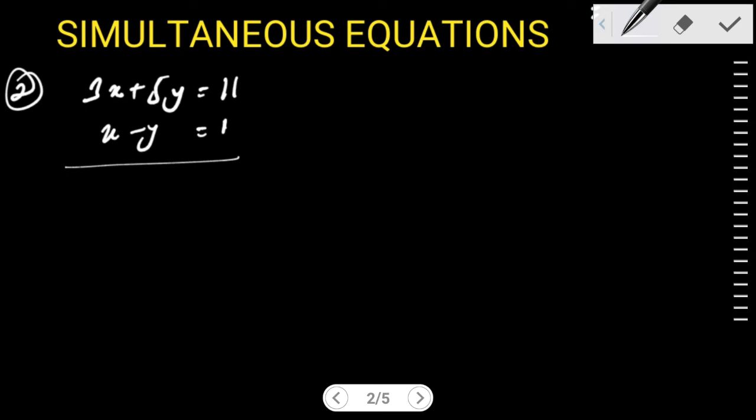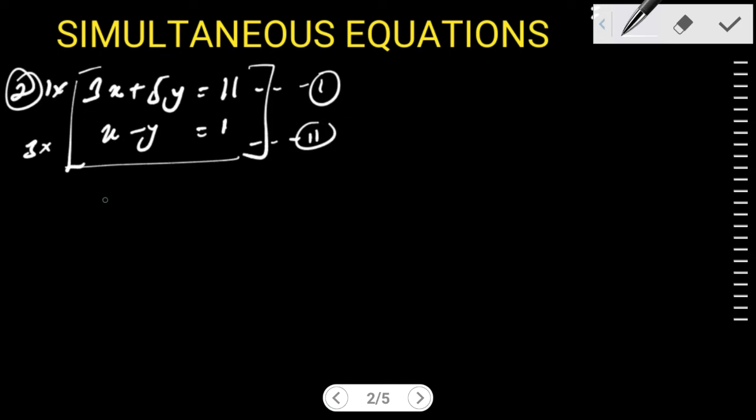This is my equation 1 and this is my equation 2. What I'm going to do here is multiply this by 3 and this by 1.